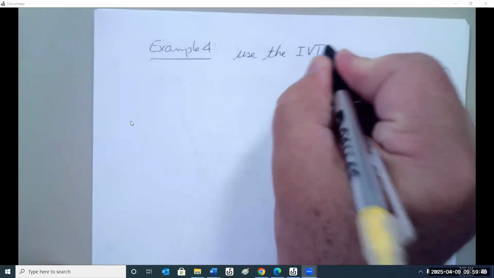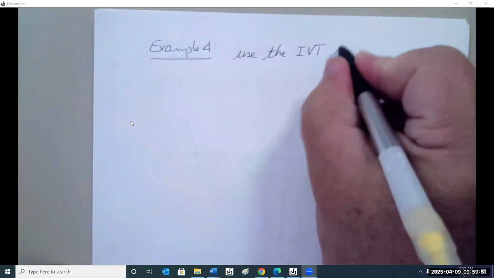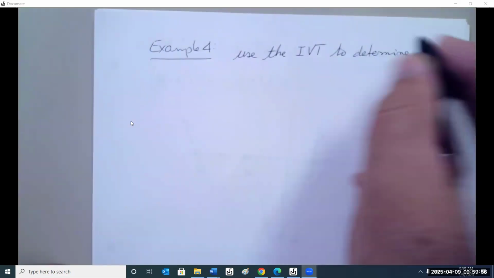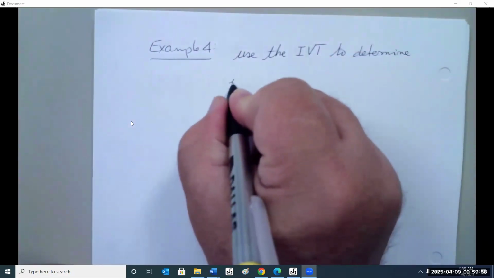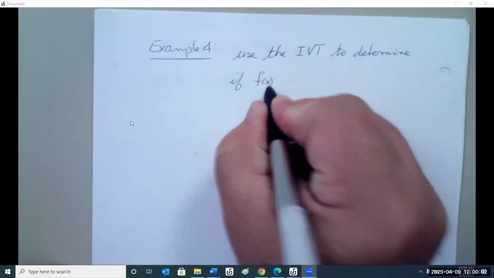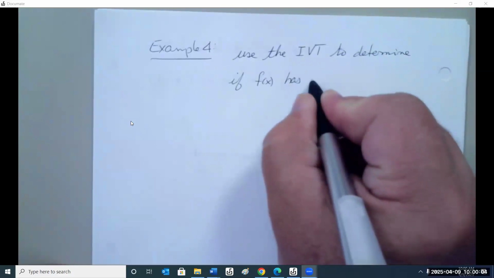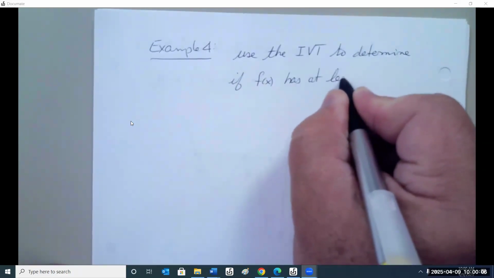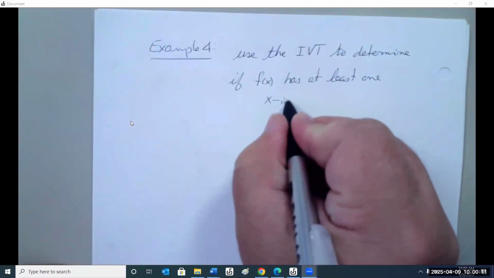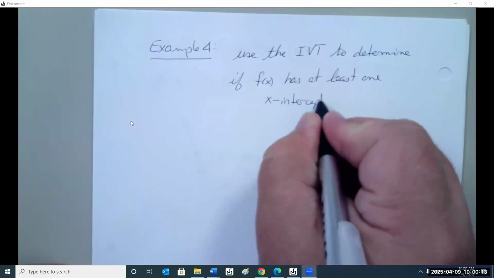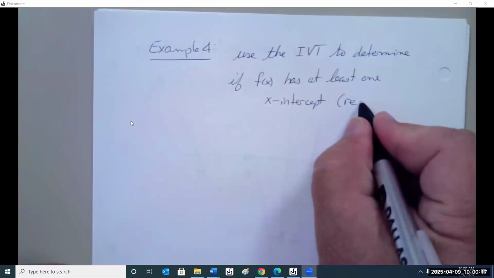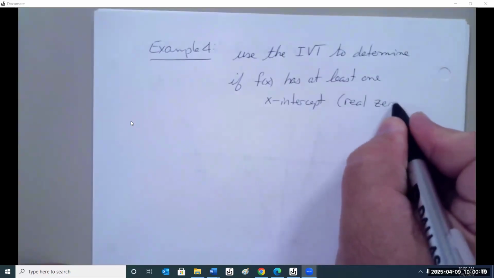Use the IVT to determine if f of x has at least one x-intercept, also called a real zero.